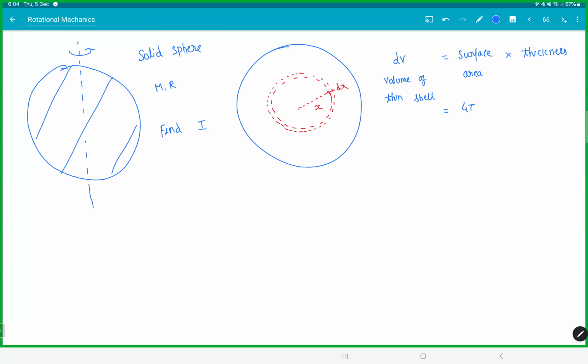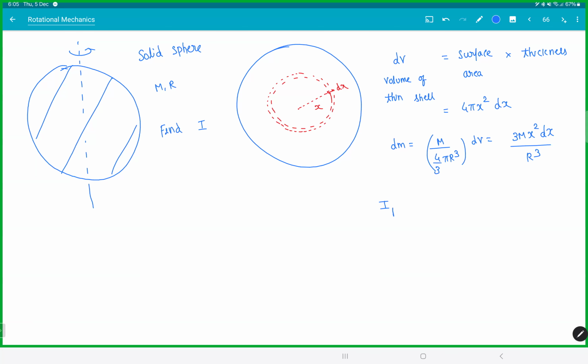Surface area is 4 pi x square. It's a hollow shell, and dx is the thickness. What is the mass of the shell? Total mass m by 4 by 3 pi r cube. It's a solid sphere, that is mass per unit volume into dv. This would be 3m x square dx by r cube.